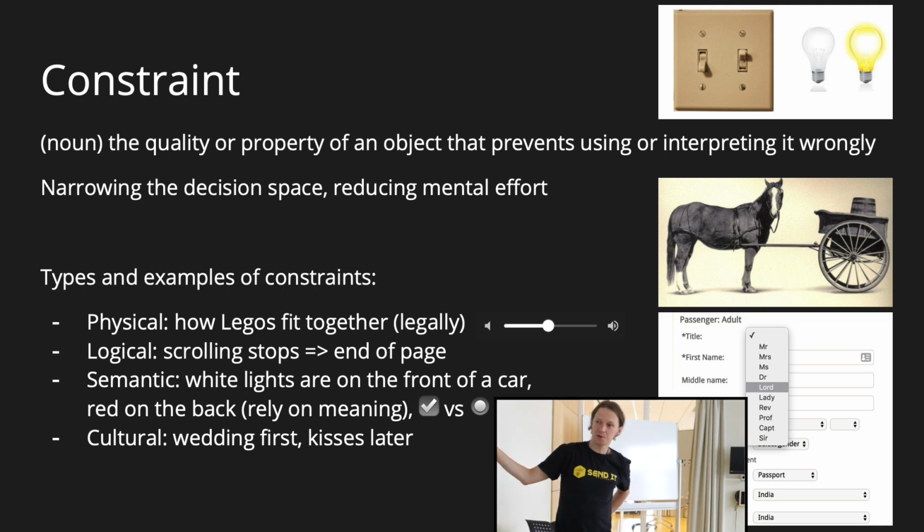And then the cultural constraint I have here, like wedding first, kisses later. But I have another example of a cultural constraint. I went to book a flight to India once, with Air India. I have to fill in my information, first name, last name, and so on.